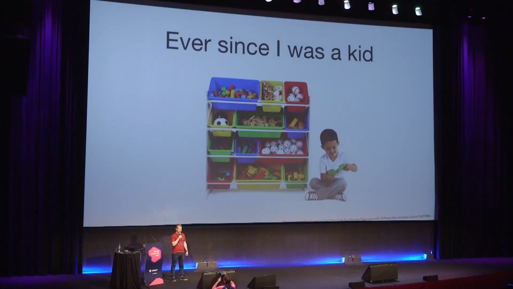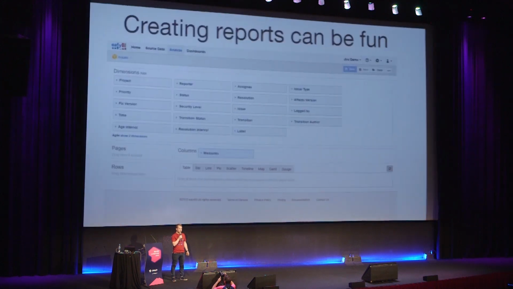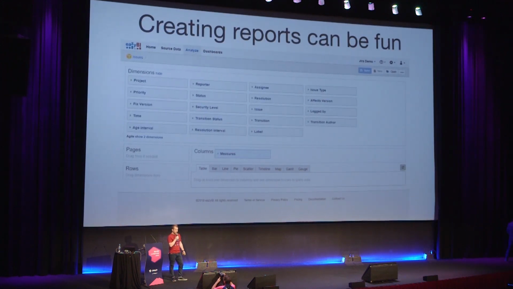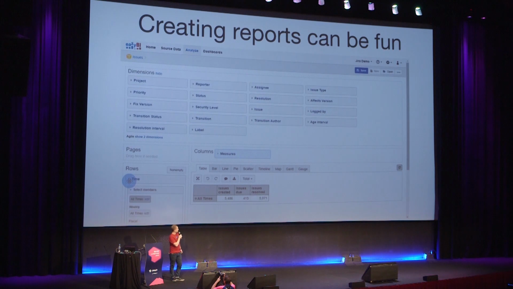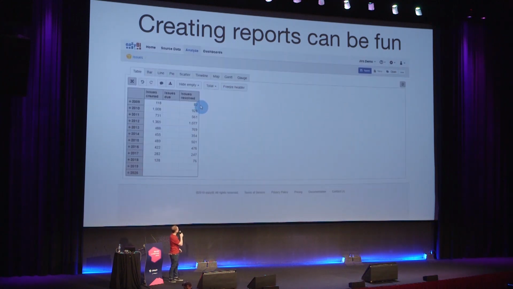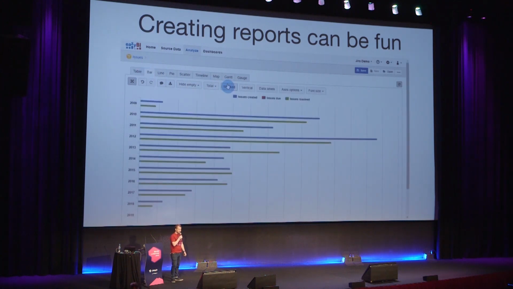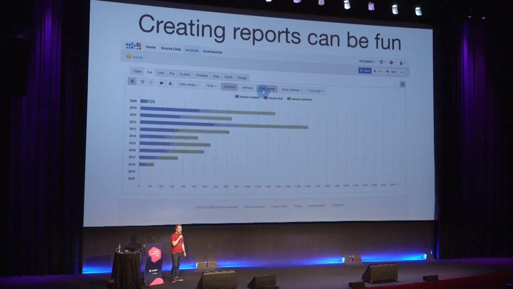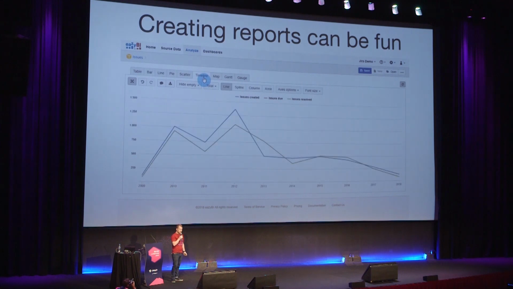Now I'm a grown-up, but I still like to play with tools, and eazyBI is one great tool. So we can look at a short video of how fun it is to use eazyBI to create custom reports. You can switch between many chart types instantly. So this is a short video of how a report can be created.